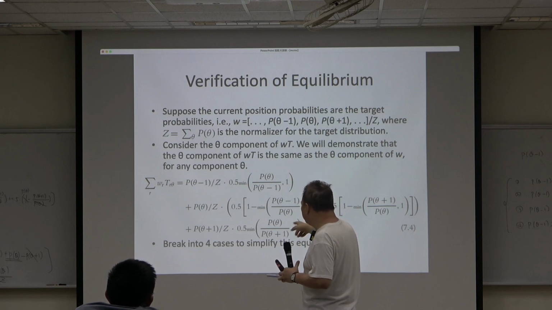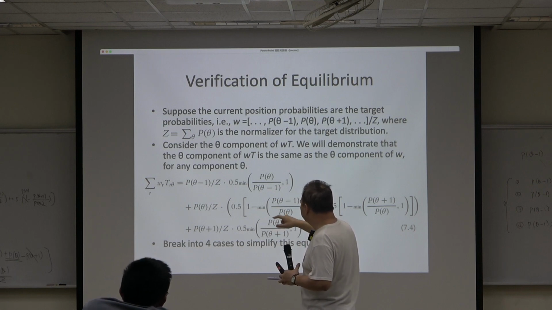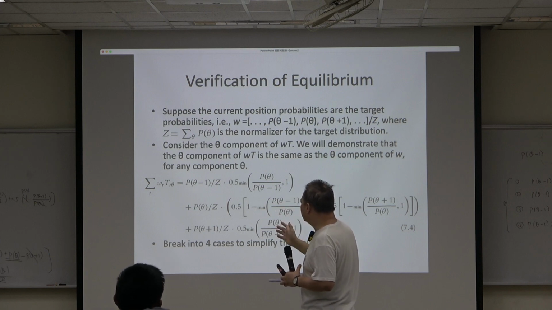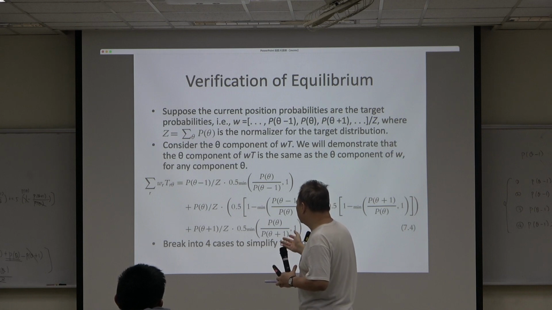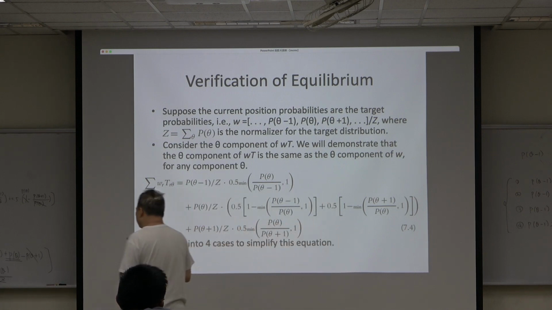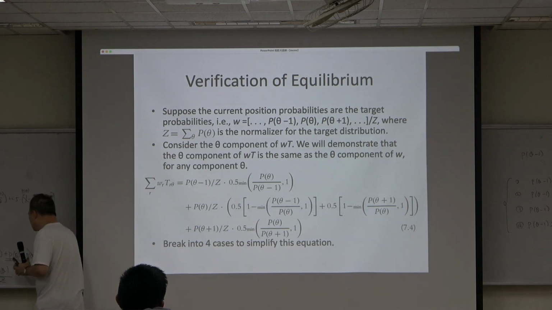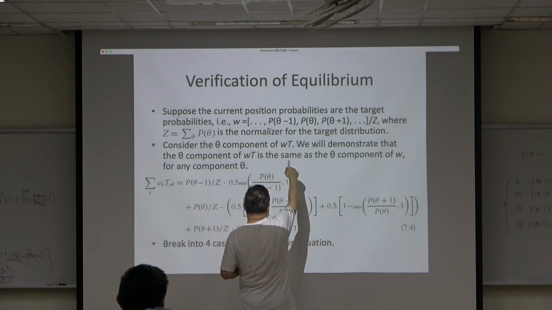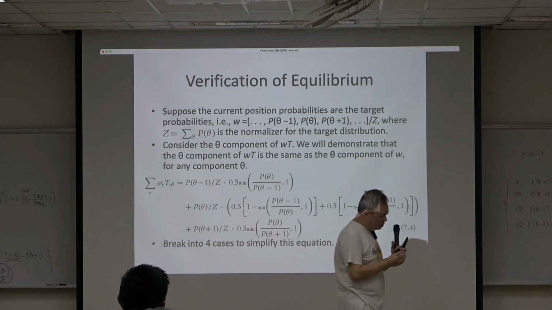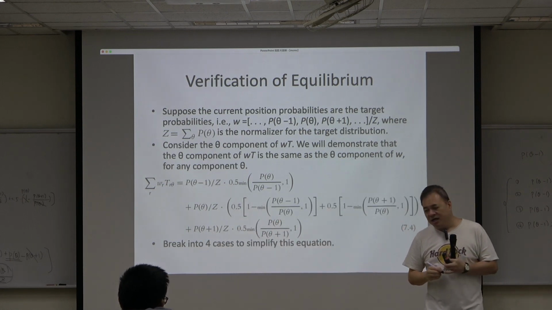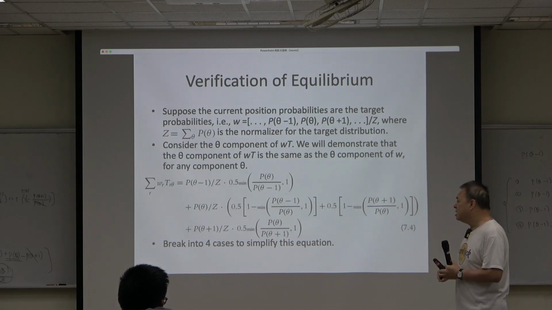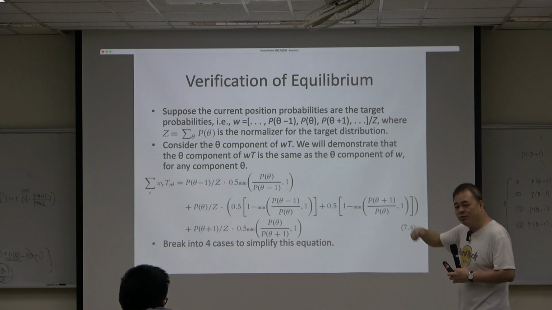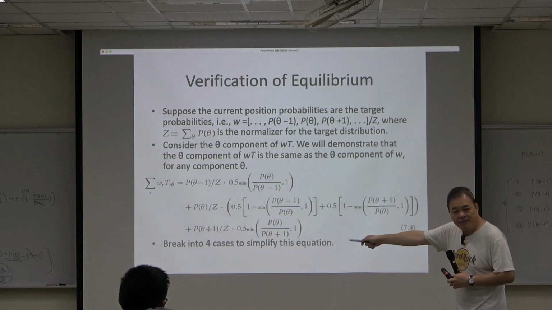And it will give you, at the rth turn, p of theta divided by z. So you see, originally you put p of theta divided by z as the probability where it is going to end up at the island theta, and at the end, it tells you that the probability after one iteration will stay the same, right?